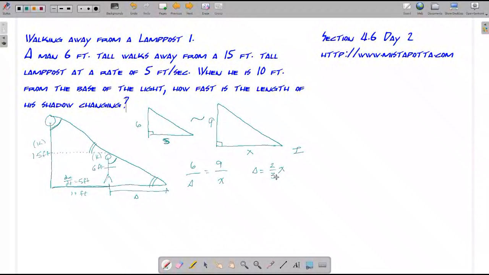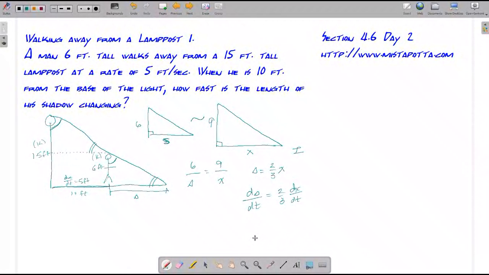And that's always my first step, is to come up with some type of relationship, some type of model that relates the two variables we're talking about. The second thing that I need to do is take the derivative with respect to time. So I'm going to have ds dt. The length of the shadow changing over time is equal to 2/3 times dx dt, how fast the man is walking with respect to time.